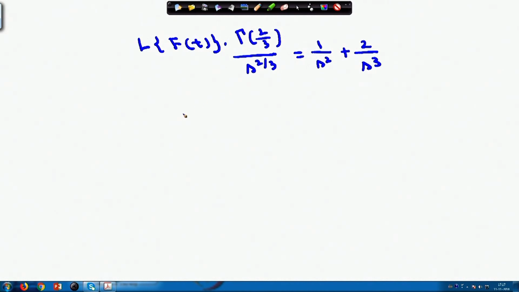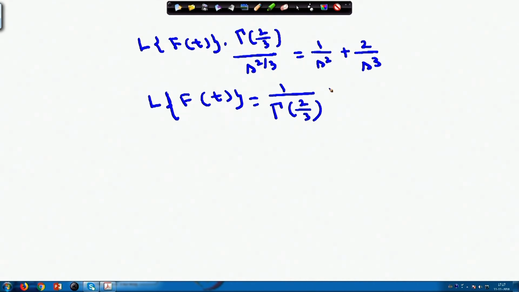And this means the Laplace transform of f(t) equals 1 by gamma 2/3, since this gamma function will come on this side, into 1 by s to the power 4/3 plus 2 by s to the power 7/3.